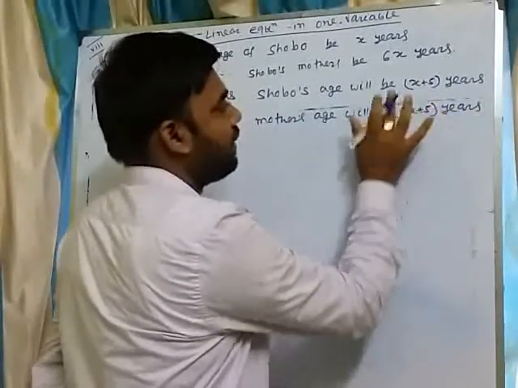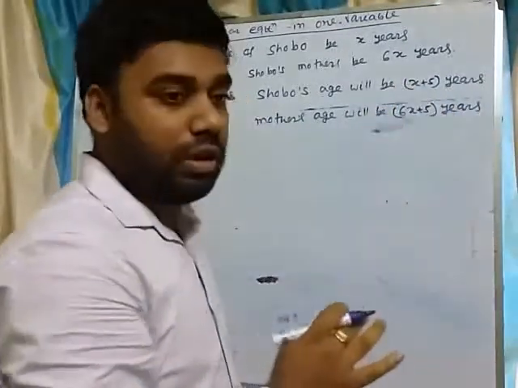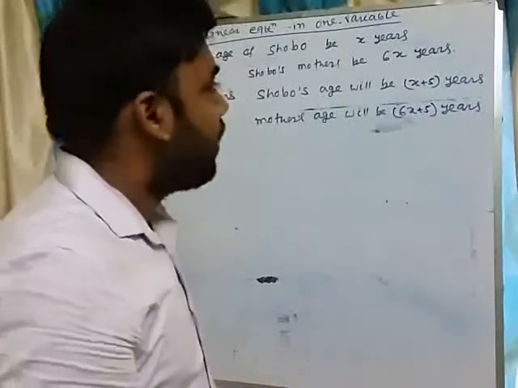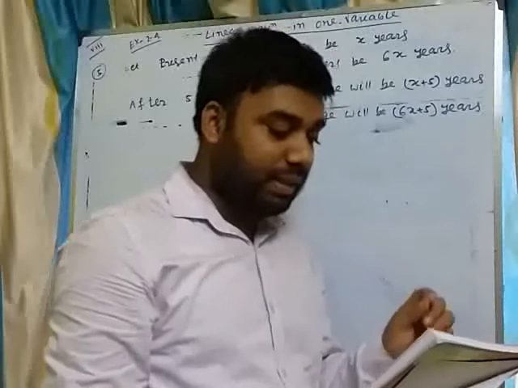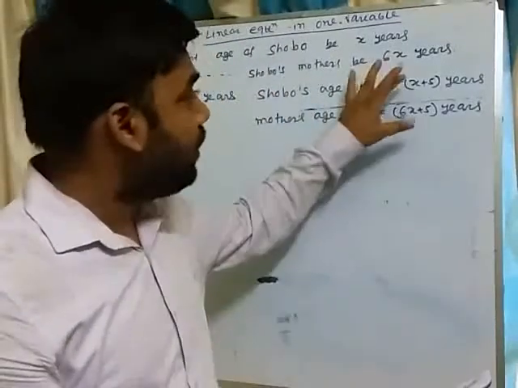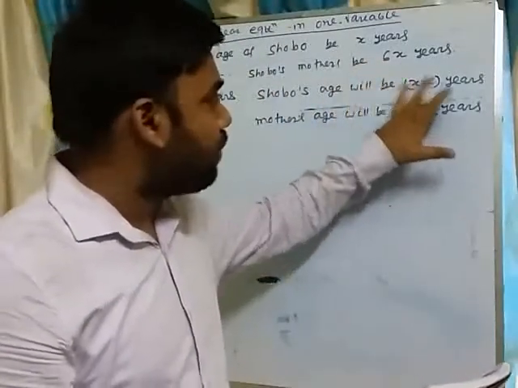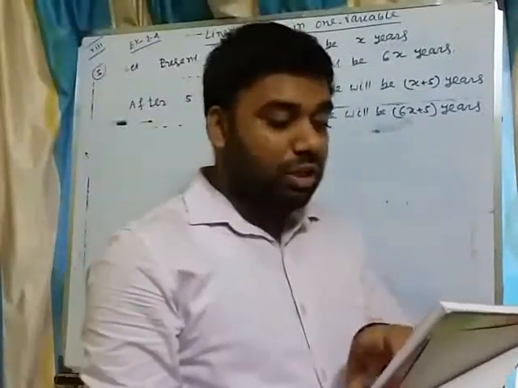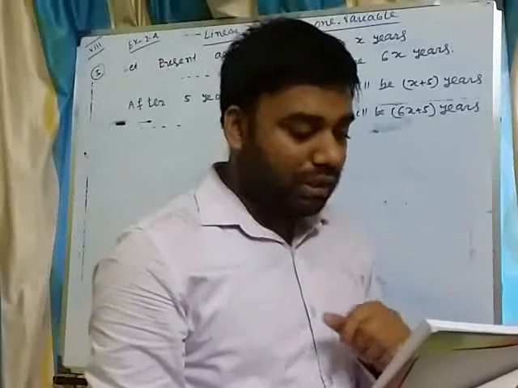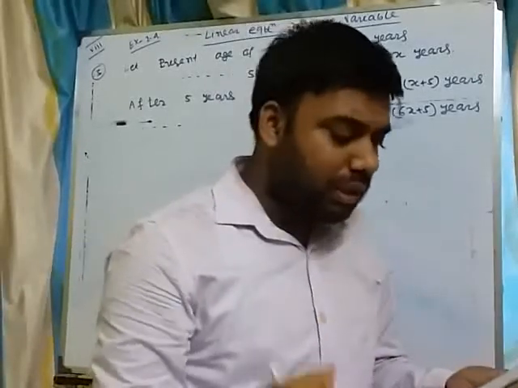These two ages are ages after 5 years. Now, what is the condition that is given? That after 5 years, Sobo's age x plus 5 years is 1/3 of his mother's present age.